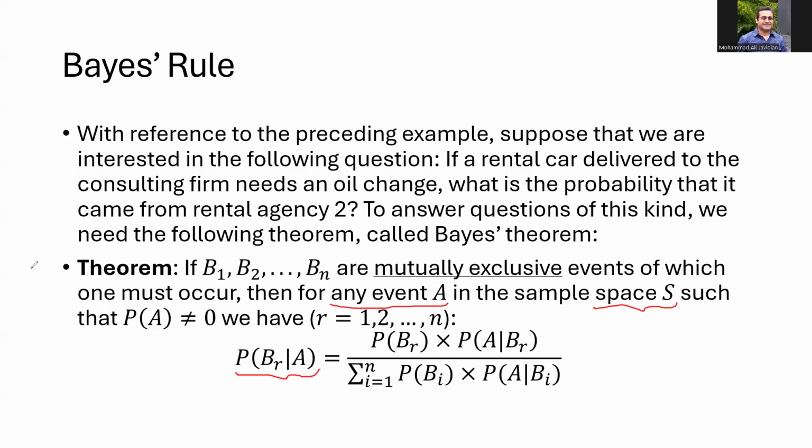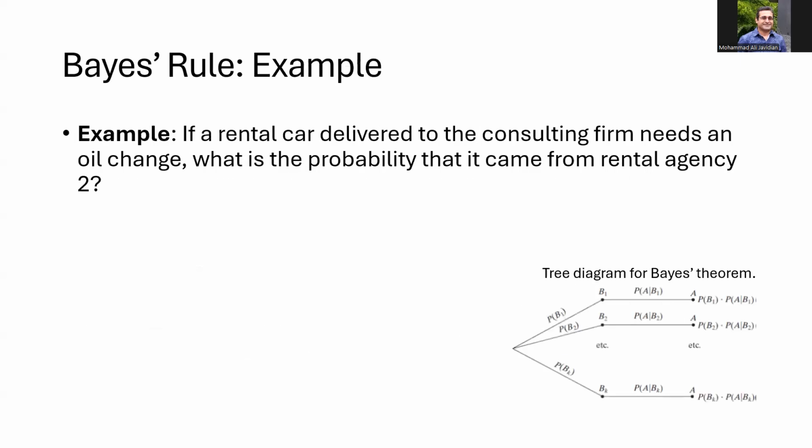So let's solve a problem. For example, we have a rental car that needs an oil change. We want to see what's the probability that this car is coming from rental agency number 2.